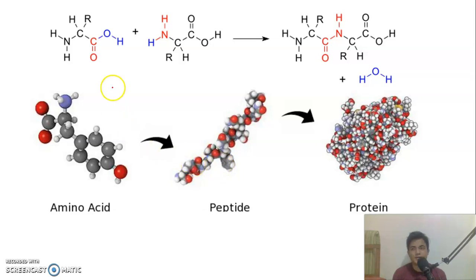If you combine amino acids, this is how it works: there is a loss of a hydrogen molecule, which connects two separate amino acids and creates a peptide chain. And if you have a peptide chain that is long enough, you mix it up to create a protein.